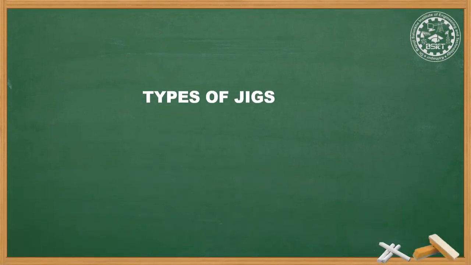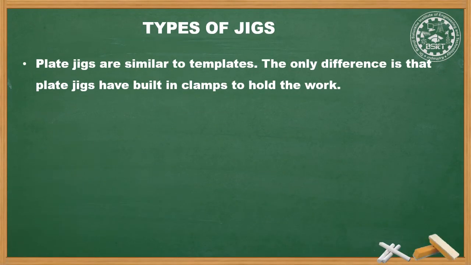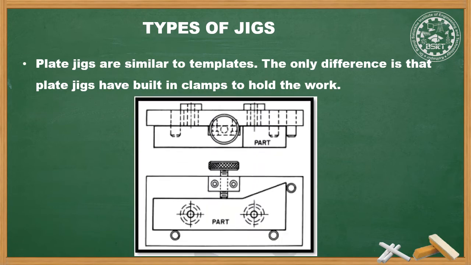The third type of jig is plate jigs. Plate jigs are similar to the templates. The only difference is that plate jigs have built-in clamps to hold the workpiece. As shown in the figure below, the workpiece can be held inside the jig with the help of a screw clamp, as shown in the figure.